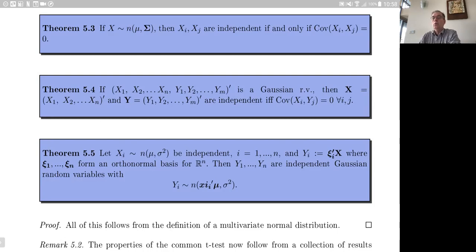And it doesn't matter now whether all the x's are dependent. That's okay. But the vector of x is independent of the vector of y's.